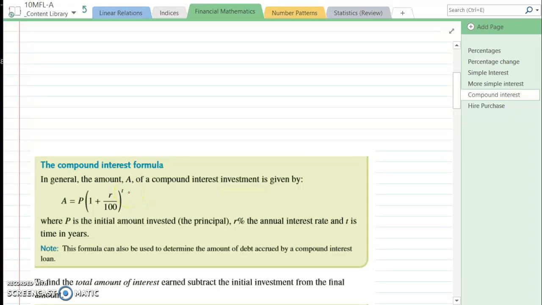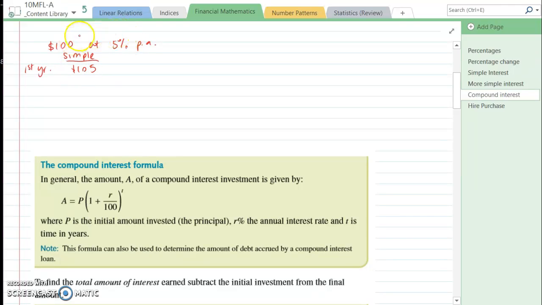So for example, if I were to borrow $100 at 5% interest per annum, then the first year out, if it was simple interest, I'd owe $105.